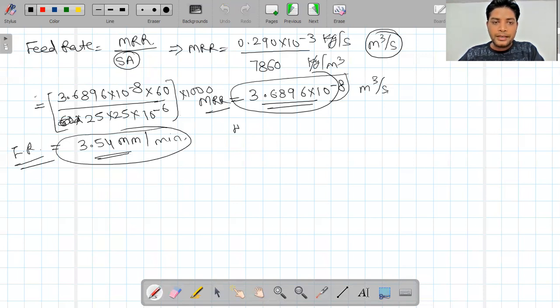So the heat absorbed by the electrolyte will be equal to Q into rho E into CE into TB minus T naught.